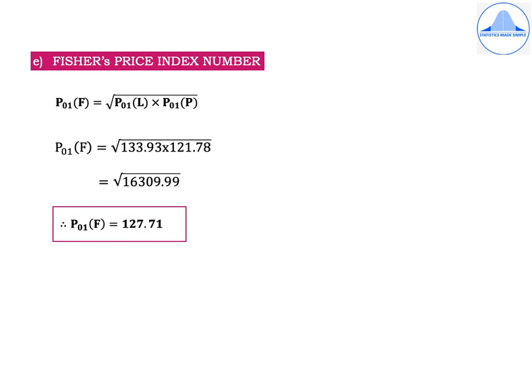The sixth subdivision, Fisher's price index number P01 of F is equal to root of P01 of L into P01 of P, which gives us root of 133.93 into 121.78, which is equal to root of 16,309.99, or P01 of F is equal to 127.71.